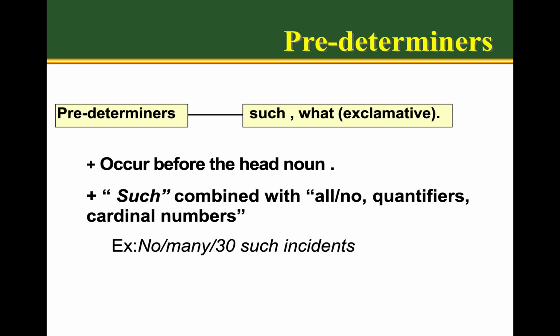Predeterminers such as what, especially what as an exclamative, usually occur before the head noun. Such is combined with all, no, quantifiers, cardinal numbers: no such incidents, many such incidents, thirty such incidents.